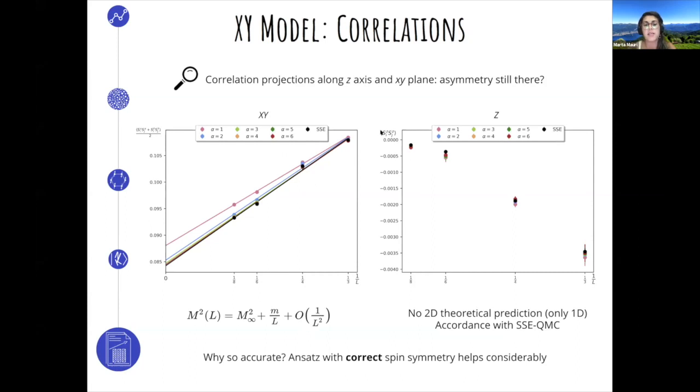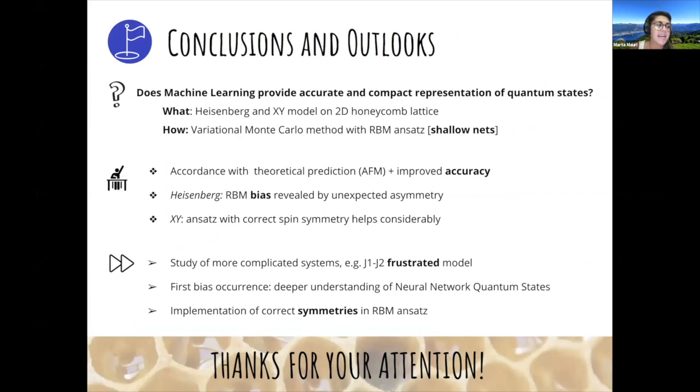Therefore, it appears that having an ansatz with the correct spin symmetry helps considerably in the precision and accuracy of the correlation. So this is more or less the work we did. I just want to highlight the fact that this is the first time that this bias occurrence was seen in the RBM ansatz, and therefore this calls for a deeper understanding of these neural network quantum states ansatz, specifically for the RBM.